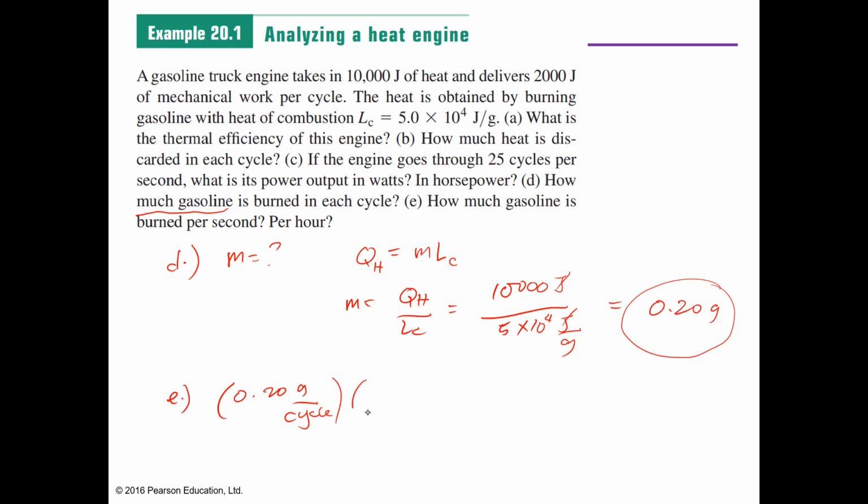And we know that in 1 second, given that it goes through 25 cycles in 1 second. So therefore, every second you use 5 grams. So 0.2 times 25 is 5 grams per second. So in every second, 5 grams of gasoline is burned in your heat engine. Okay?